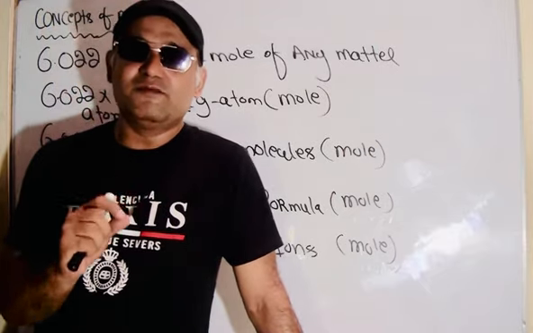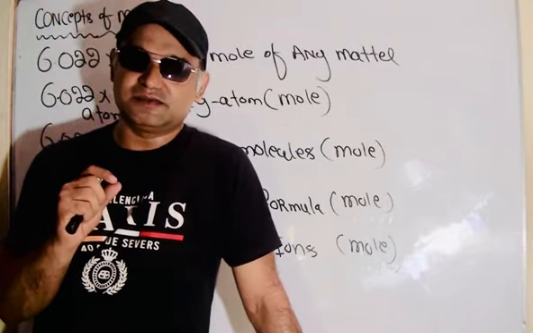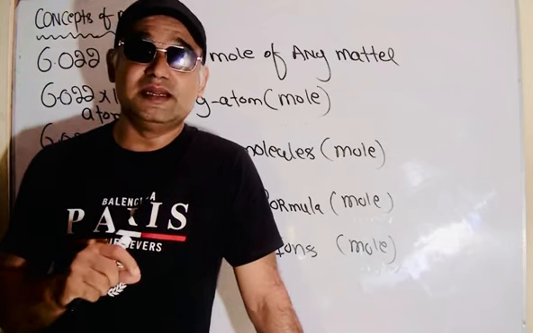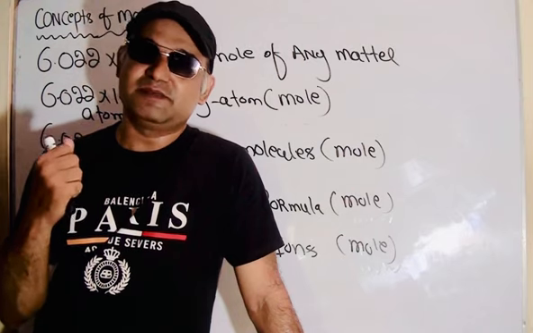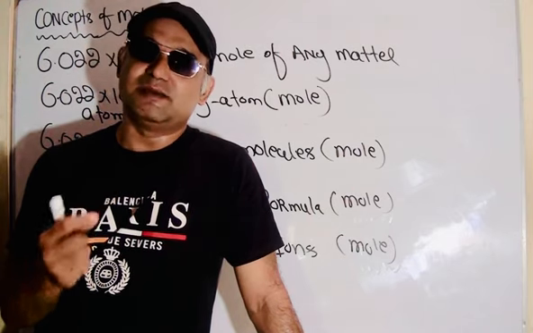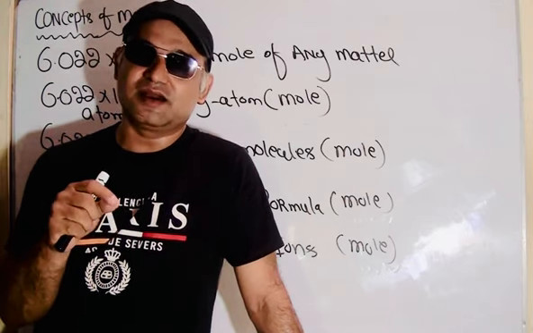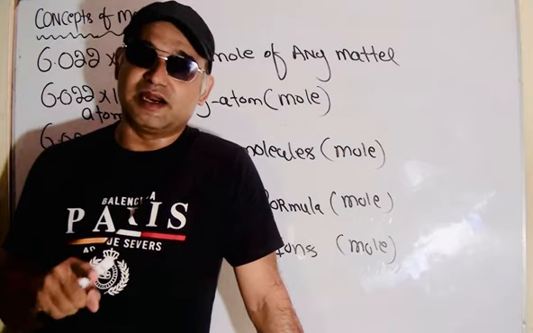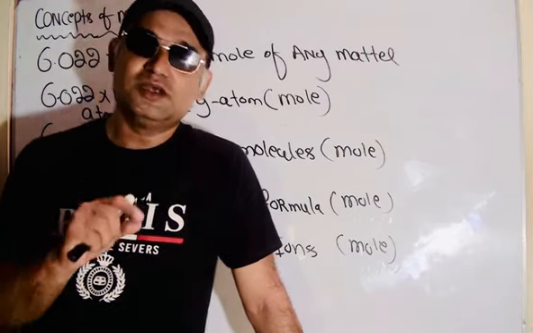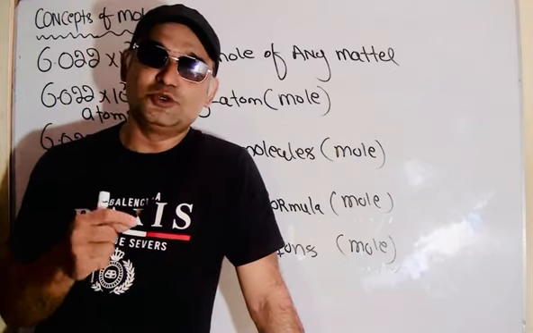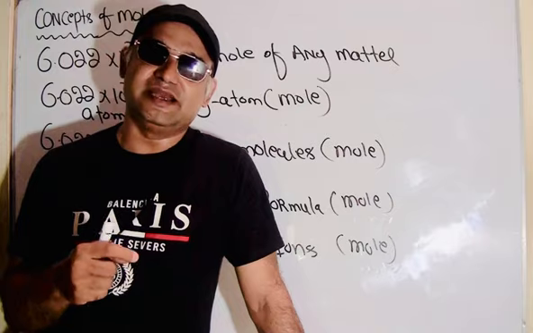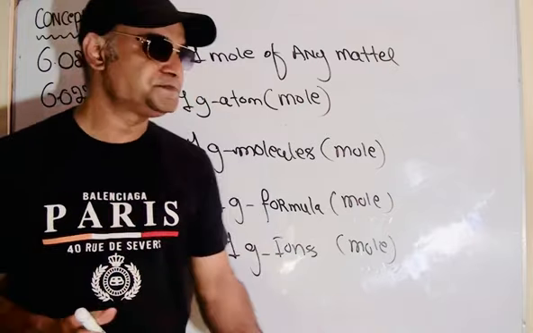If we simply want to calculate the mole from number of particles, as we discussed in the previous session how we convert the mass into mole, in this we will convert the number of particles into mole. So just keep this formula in mind. It will help you to solve many problems and many MCQs. And what is the formula?